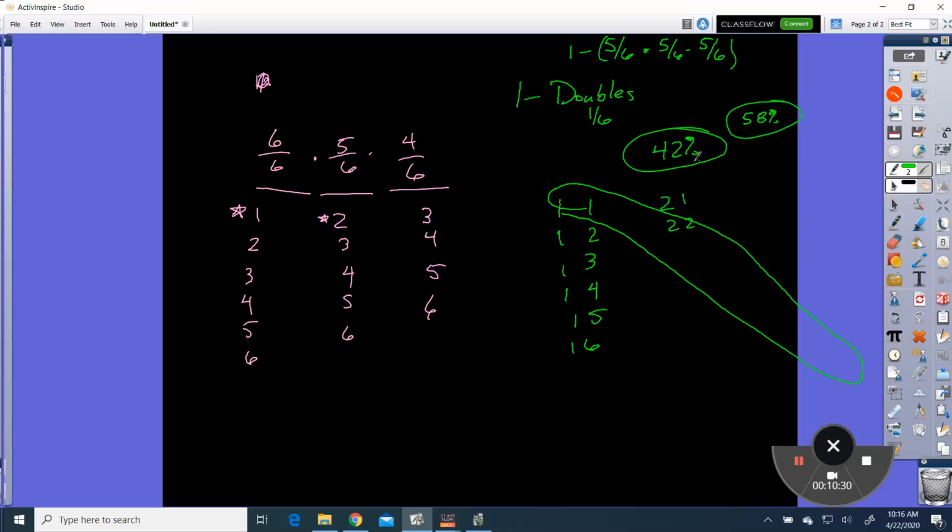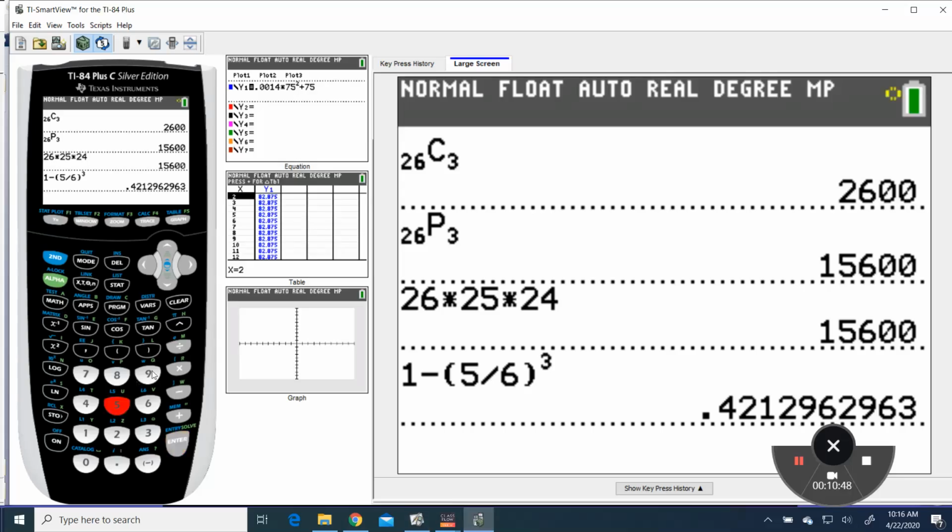So anyways, that's kind of a weird problem, but this is the correct way here, and this is, I don't think, the right way here. So we can try it and see. 5 divided by 6 times 4 divided by 6.